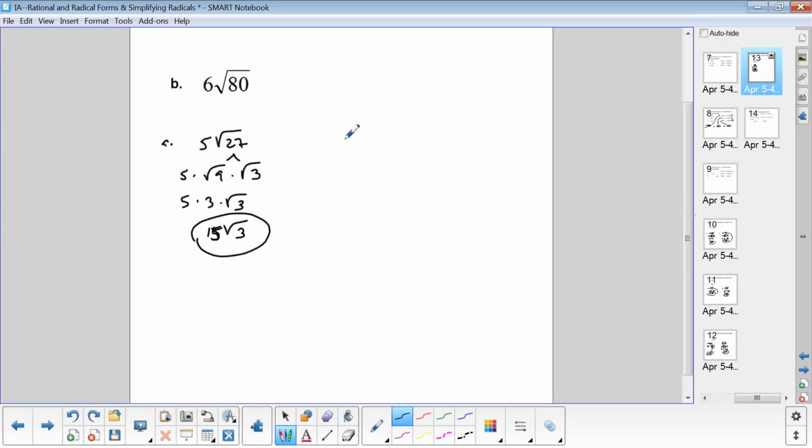And then part B, we've got 6 times the square root of 80. For 80 it should be 16 and 5.